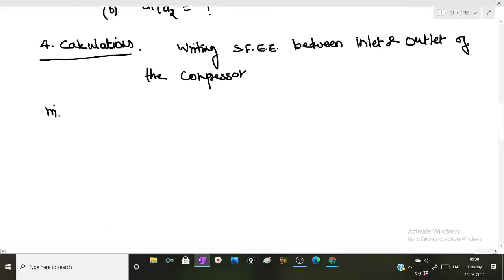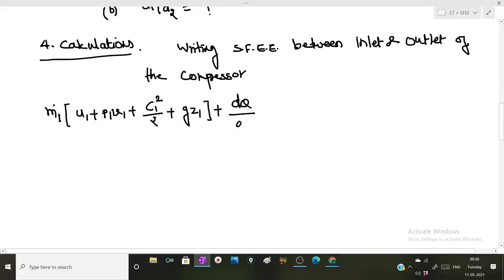So let us first recall the very first form of steady flow energy equation. So it was m1 dot (u1 plus p1 small v1 plus C1 square by 2 plus gz1) plus dq by d tau.